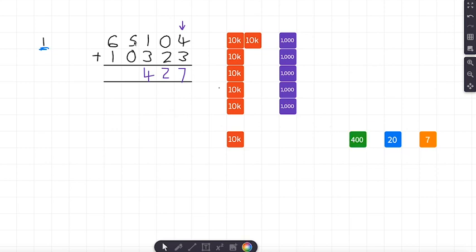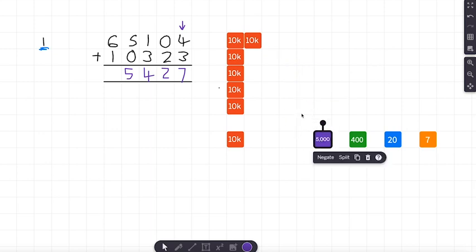And now we have 5,000 plus 0, no thousands, still gives us 5,000, or 5 plus 0 is 5. And now we can take these, there's nothing to add to that, so we can just put it together, gives us our 5,000.